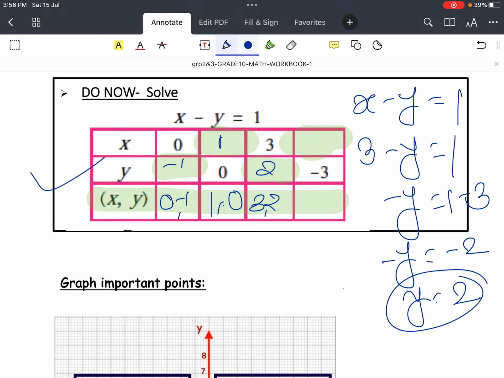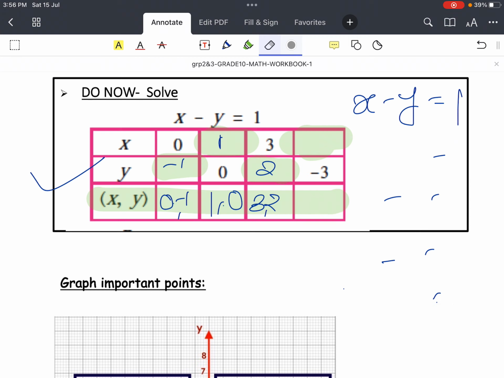Next, so what is our last question? The last thing is that we have to calculate the value of x, but the condition is that the value of y is equal to minus 3, so therefore x minus of minus 3 is equal to 1.